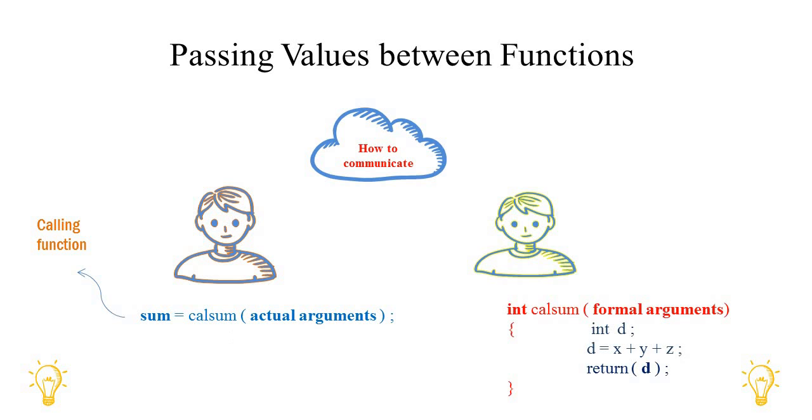You can see this is my called function, but how can we pass this particular value, this actual argument, to the called function, that is the formal argument? There are two ways we can pass values. The first one is known as call by value, and the second one is call by reference.